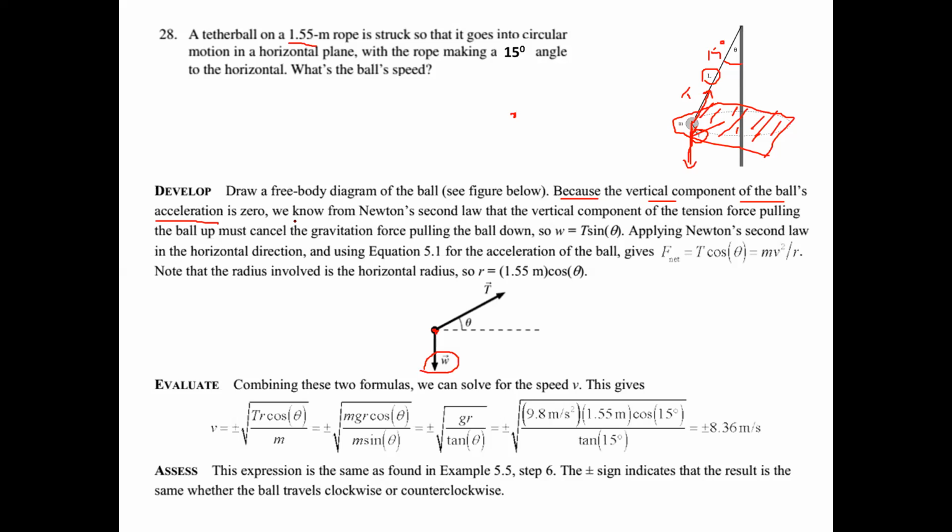Your motion is in the xy plane. Okay, and from Newton's second law, we know that the vertical component of the tension force pulling the ball up must cancel the gravitational force pulling the ball down.